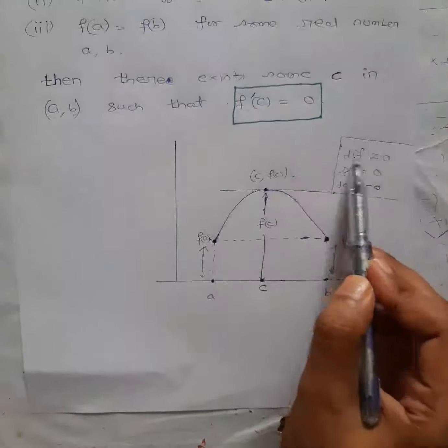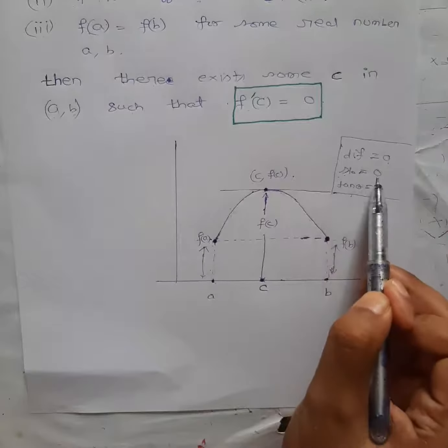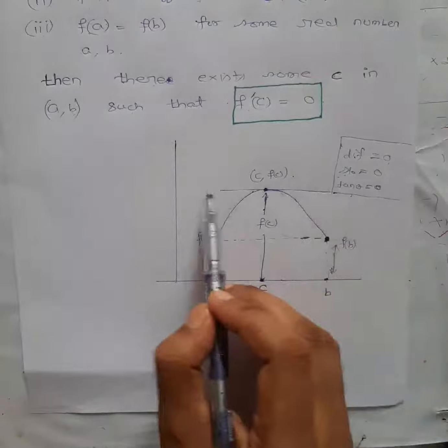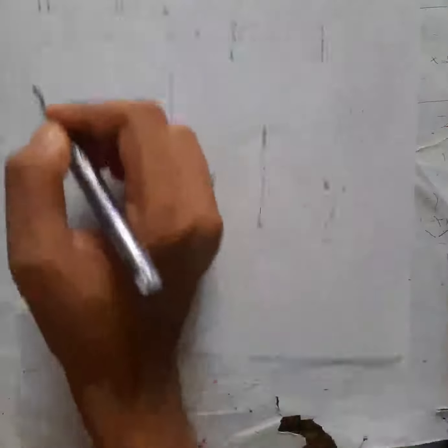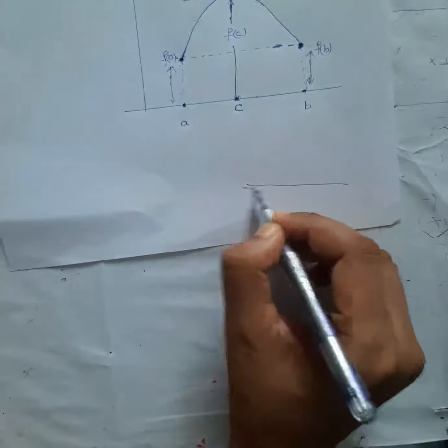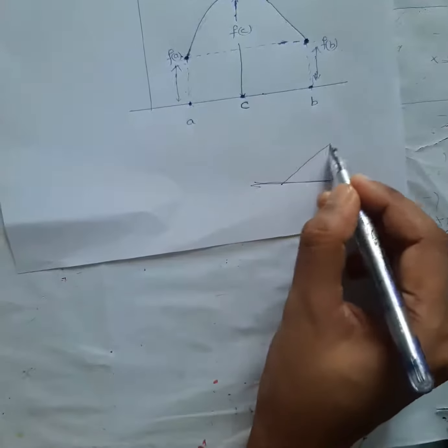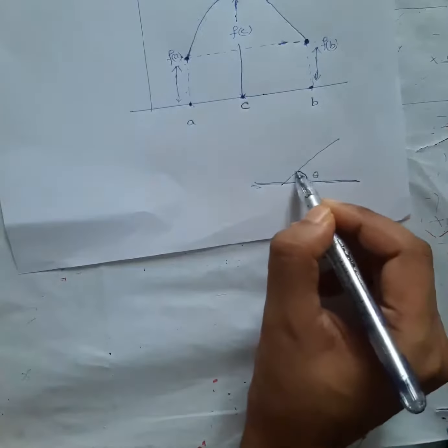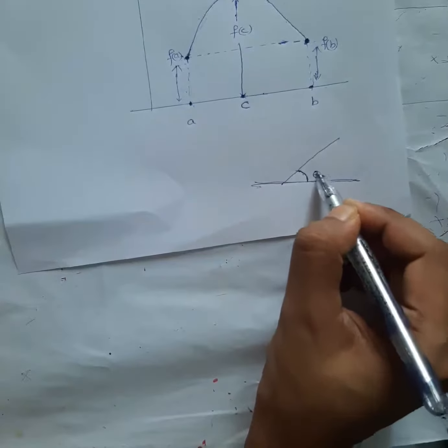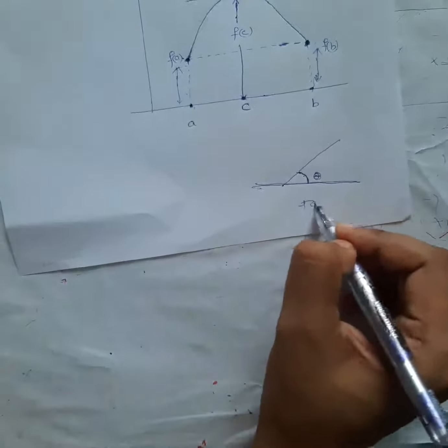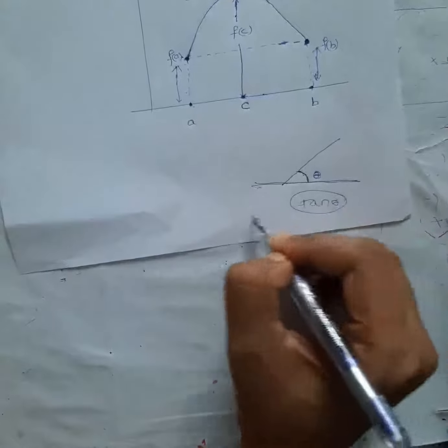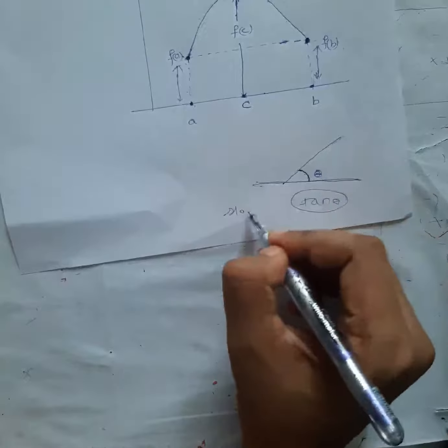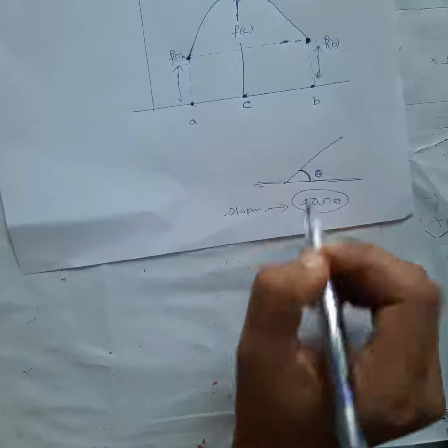So differentiation 0 means slope of tangent 0, and when can the slope be 0? You know, slope we always find with the help of the x-axis. Suppose this is the line, whatever angle it makes here, tan of that angle is called tan theta. This is called the slope of this line, right?